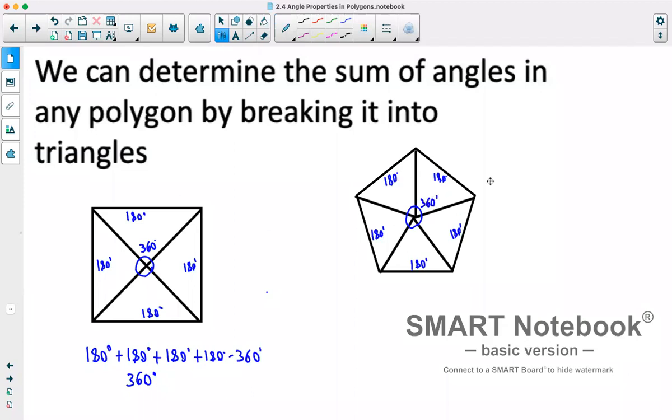So we have 5 triangles. So we have 180 degrees plus 180 degrees plus 180 degrees plus 180 degrees plus 180 degrees minus that center part, so 360. So our total angles in this is equal to 540 degrees. So our interior angles for this add up to 540 degrees.